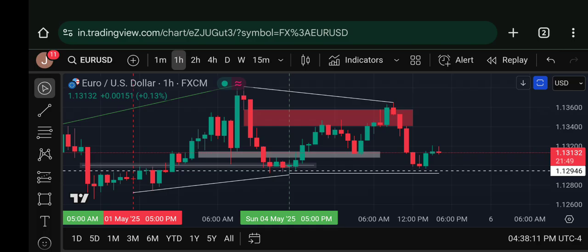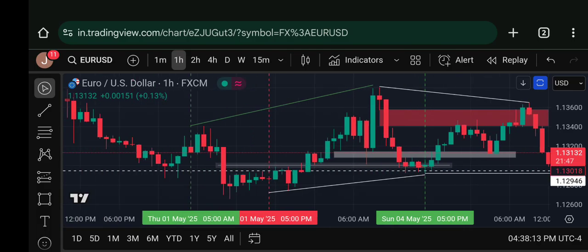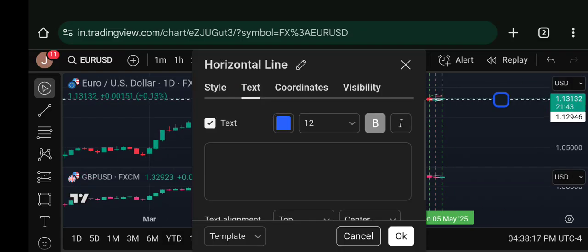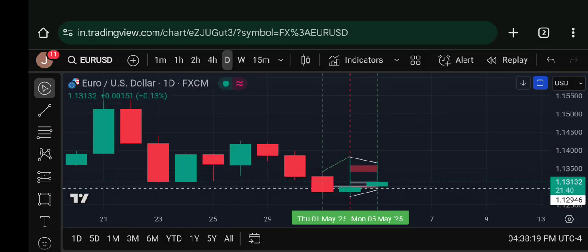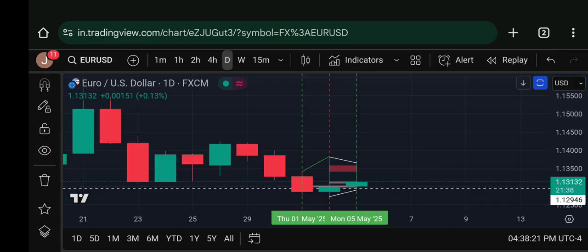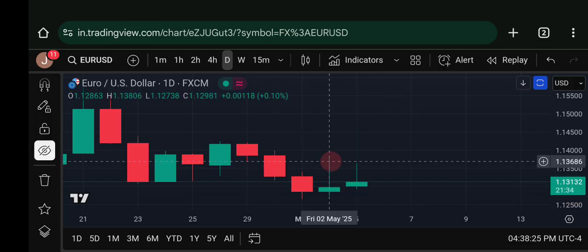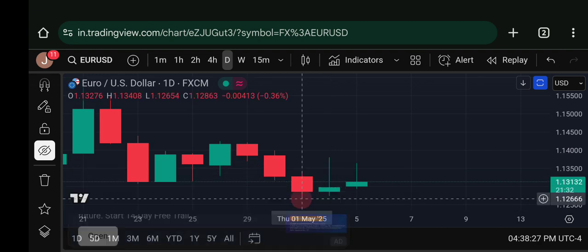You may not understand the context, but I will teach you once again, guys. So first of all, on the daily time frame, on Monday's opening price, there was an IRL entry to this ERL here, guys.